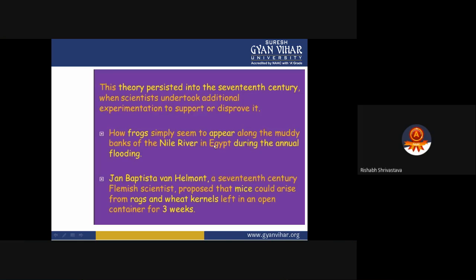Then in the 17th century, a Flemish scientist, Jan Baptista van Helmont, proposed that mice could arise from rags and wheat kernels left in an open container for 3 weeks. The question we can ask ourselves is: if you are living on a farm, and you have a big bag of rags or wheat or a jute bag in the storehouse, and you don't see any rat go inside, how come after some time you can see rats and mice coming out of it?